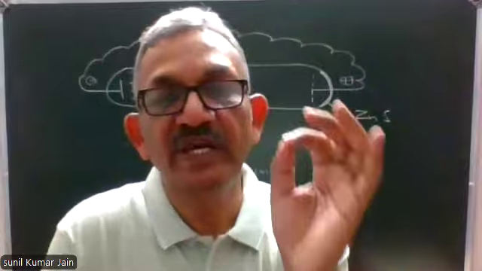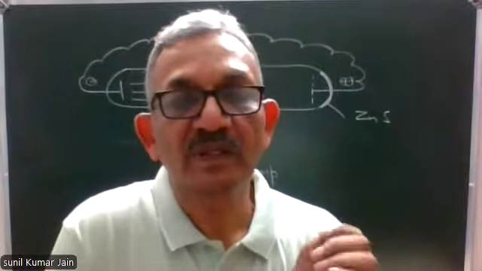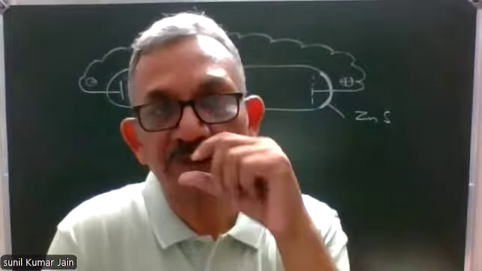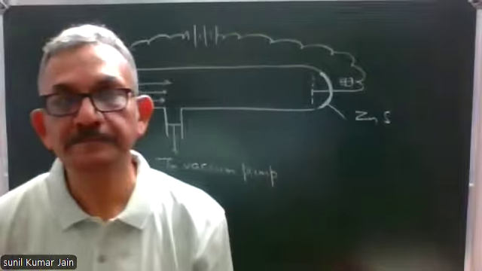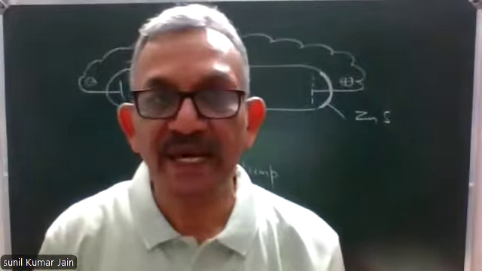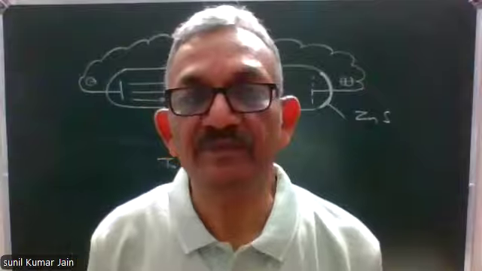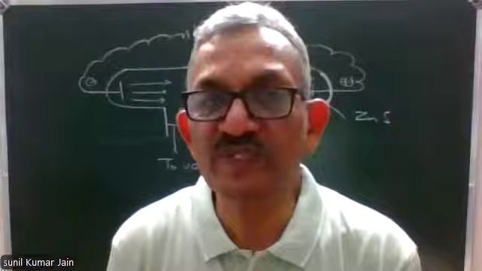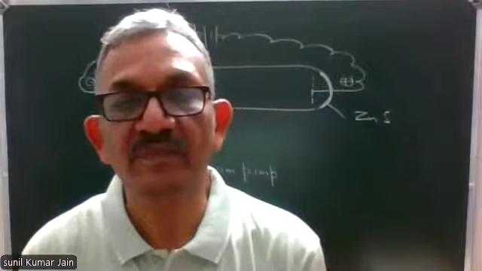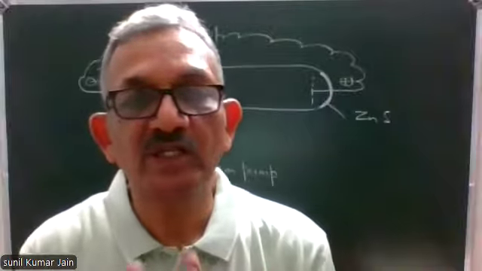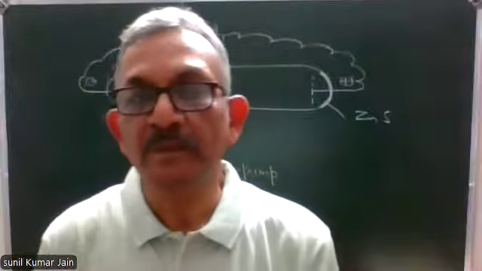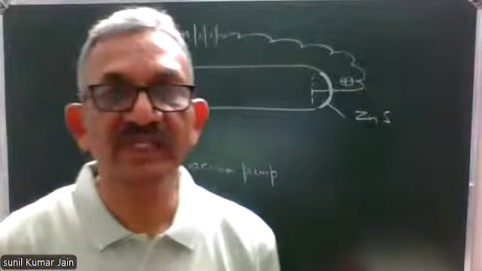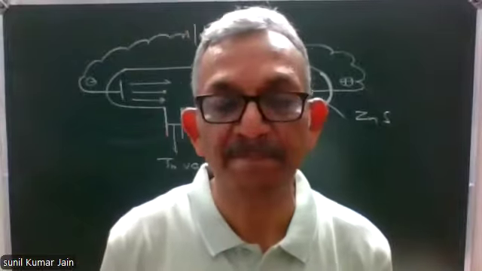Number three, they produce shadow of the solid object kept in their path, which proves that they travel in straight lines.